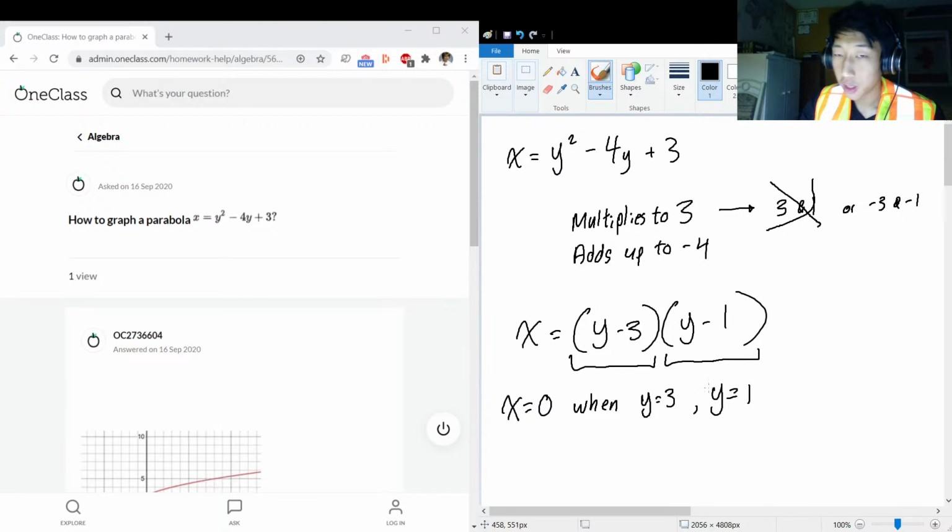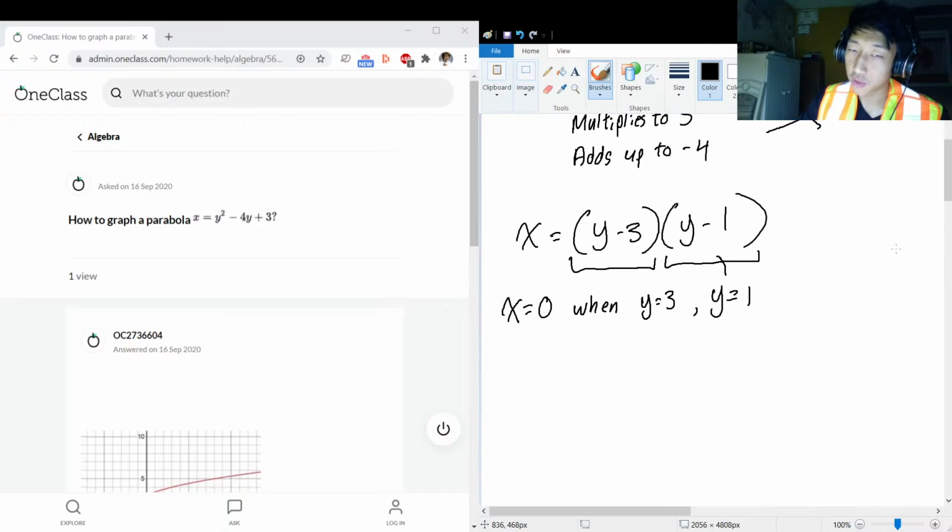So that's cool. When y equals 3, 3 minus 3 is 0, times 2, that's 0. And when y is equal to 1, this term becomes 0, and this whole thing is 0.